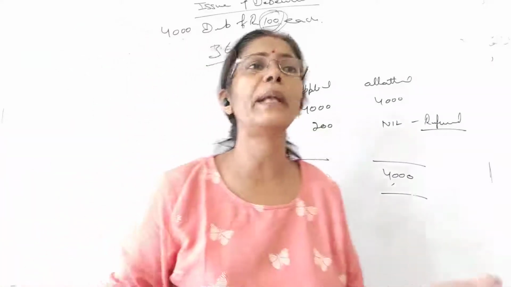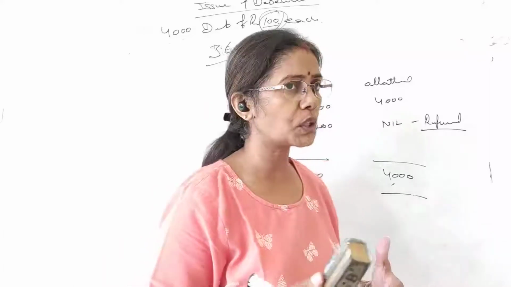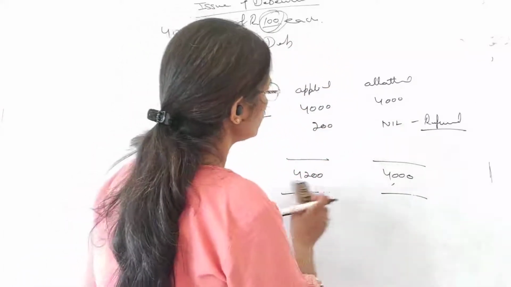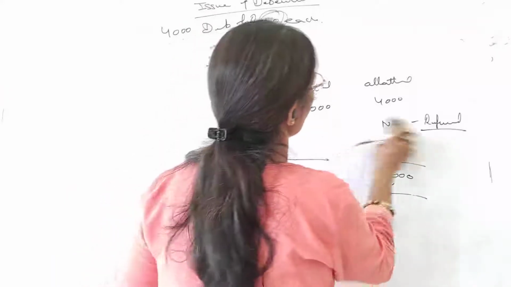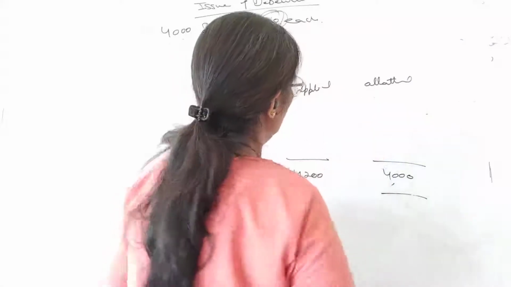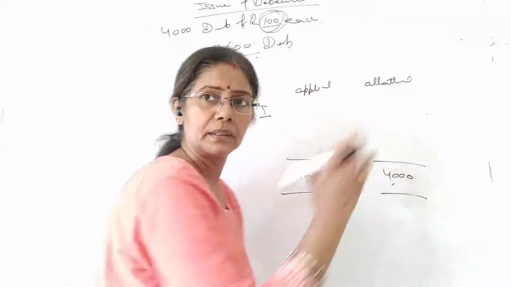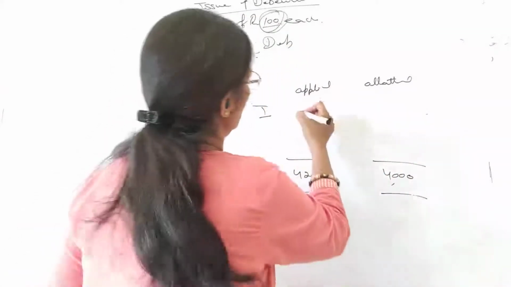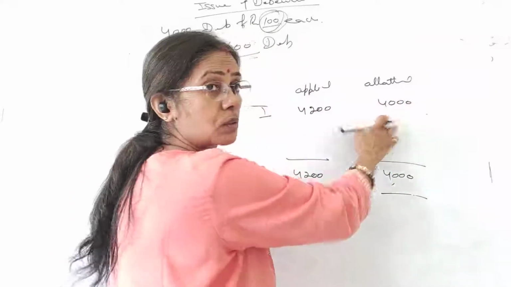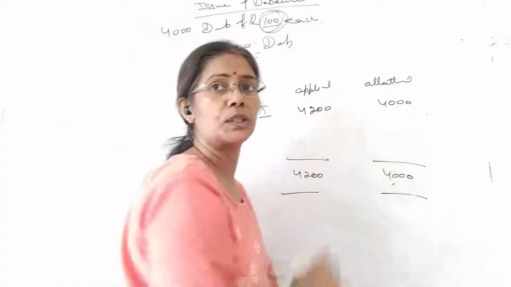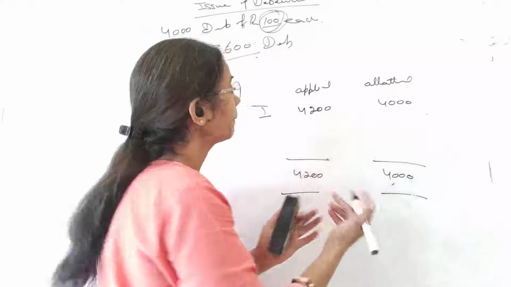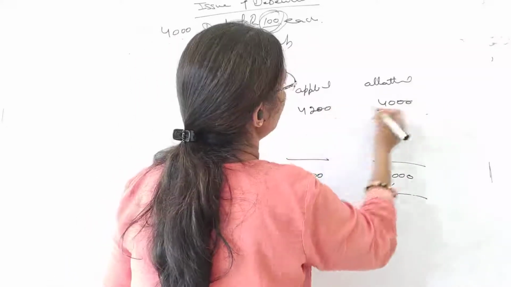Here you don't disappoint anyone and we find out the ratio, and on the basis of the ratio we allot the shares to them. So it's 4,200, they have asked for 4,000. So we allot 4,000 debentures to the applicants of 4,200. Here we have taken a small share, or you can simplify it.